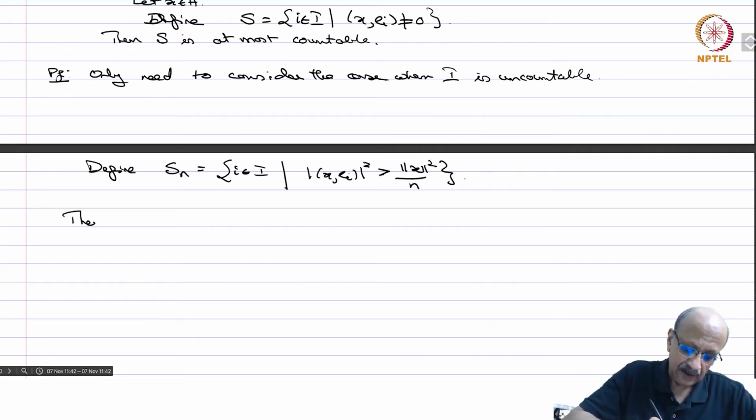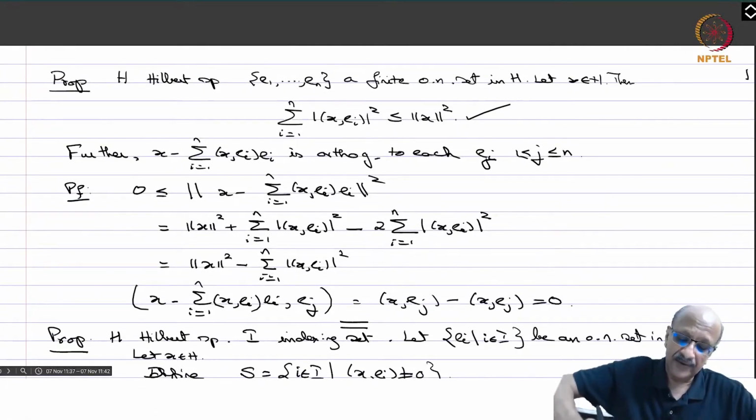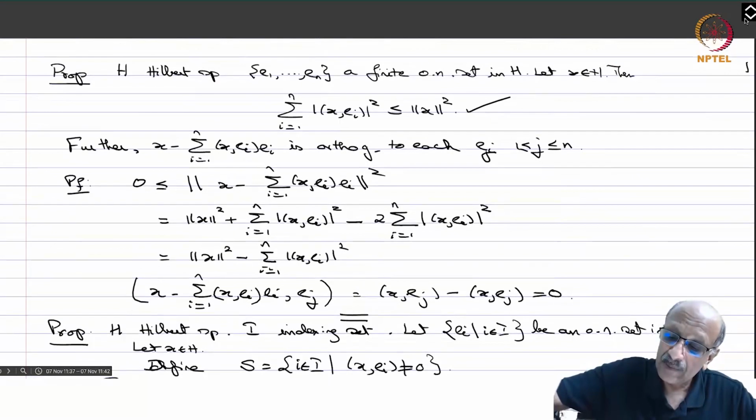Then by the previous proposition, you have that norm x square dominates the sum of mod <x, e_i> square. So if each one of them is bigger than 1 by n, how many can there be?